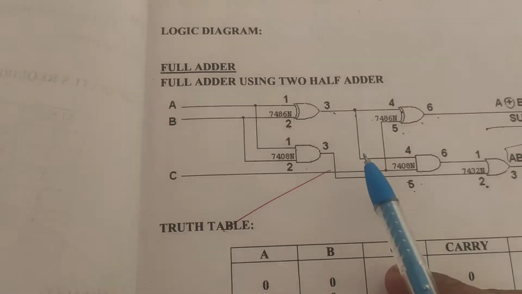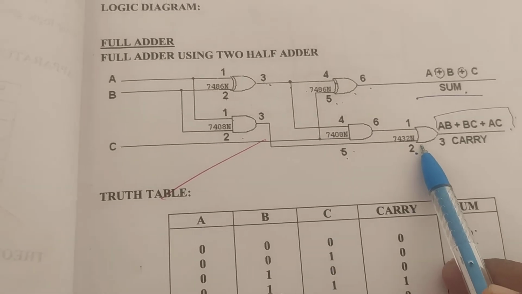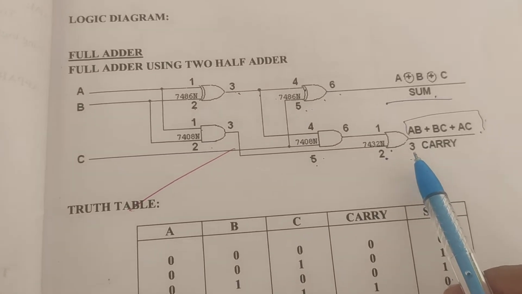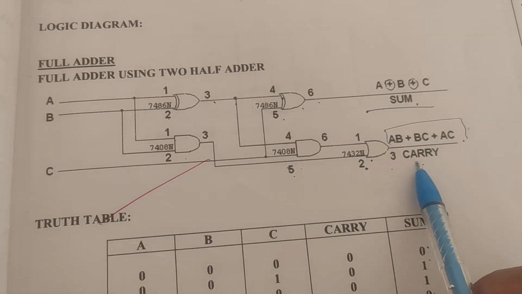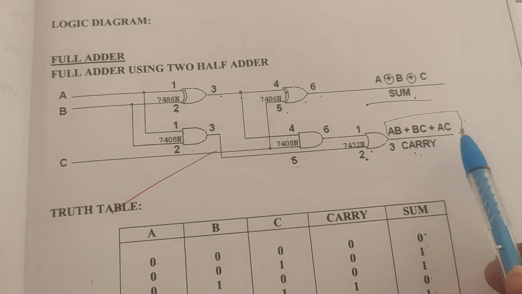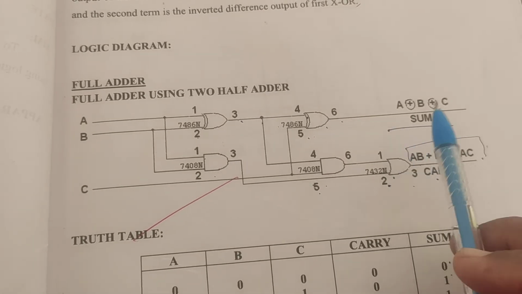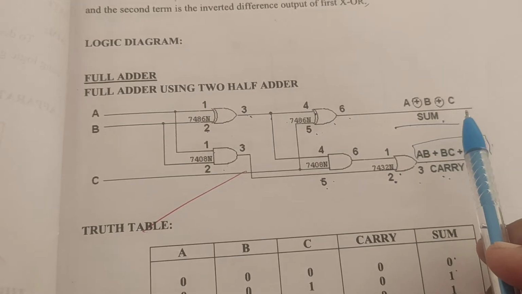The output of the AND gate at pin number 3 is given to another input of the OR gate, and the output of the OR gate at pin number 3 is the carry output. The equation for the carry is AB plus BC plus AC, and the sum equation for the full adder is A XOR B XOR C.